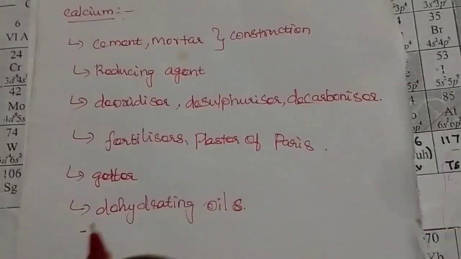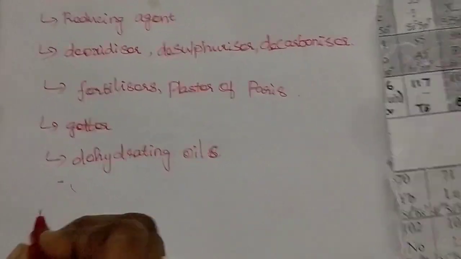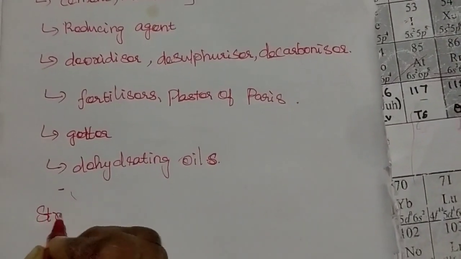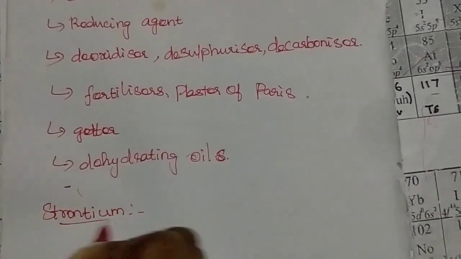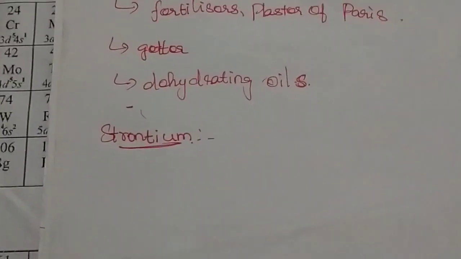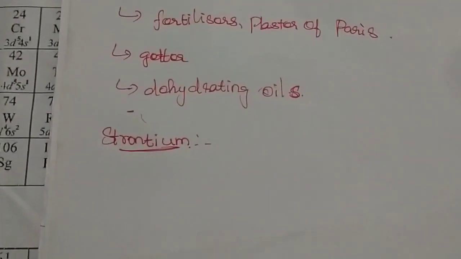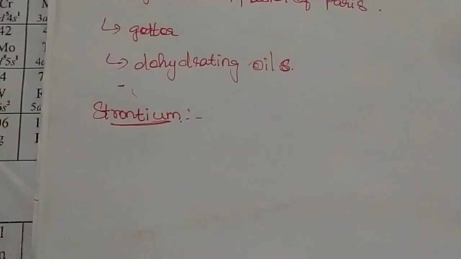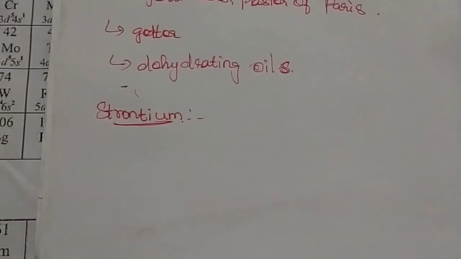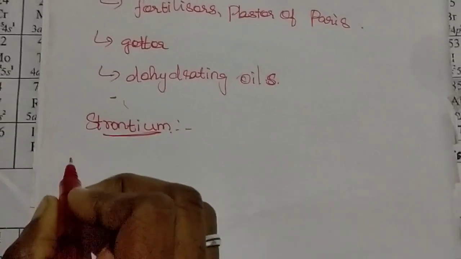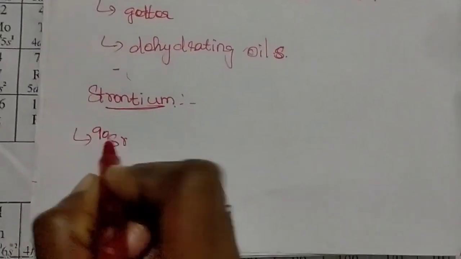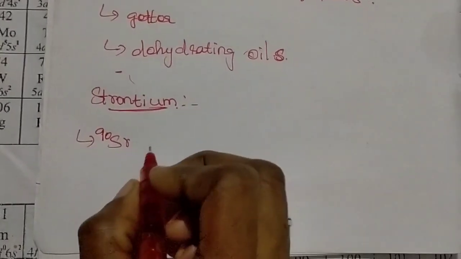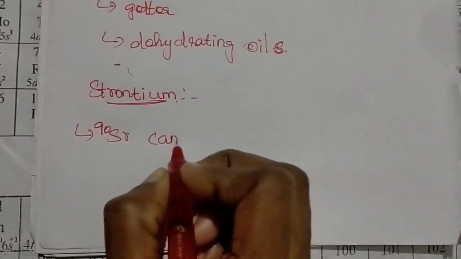Next one, strontium. This is also one of the important alkaline earth metals, and mainly we use the strontium isotope, strontium 90, for cancer therapy.